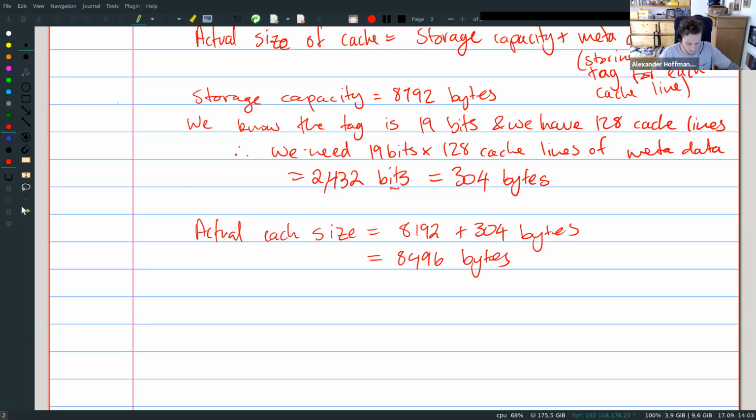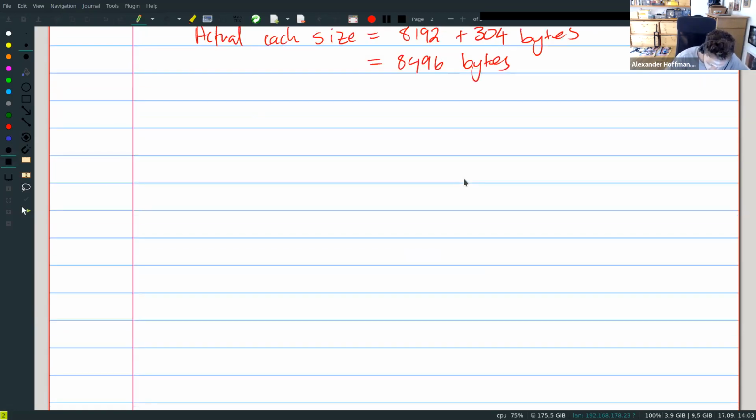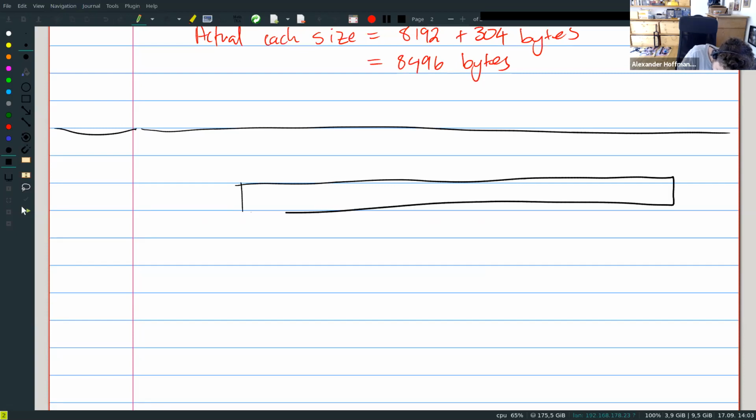Okay, now for a direct mapped cache, let's do a super simple example with an address like this. I'll take an 8-bit system, an 8-bit microcontroller.